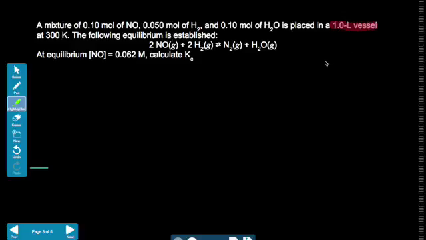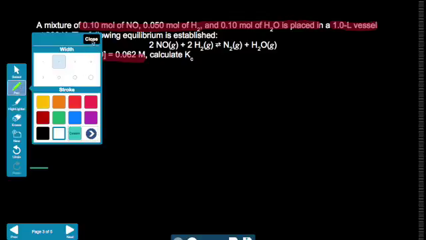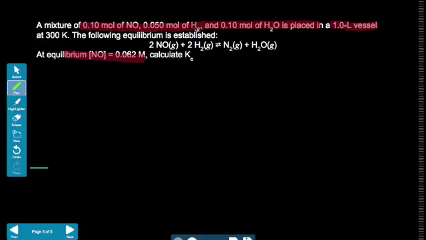We still have the same information about the volume of the container, but instead of giving us all of the equilibrium concentrations, we have the initial concentrations and only one equilibrium concentration. So with this information given, we can calculate the initial concentration of all reactants and products.